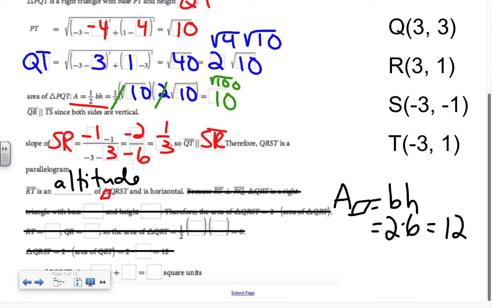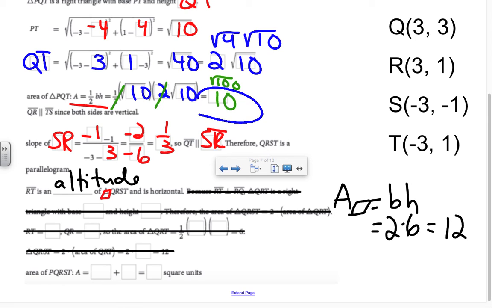And so that's 12. So the area of PQRST is equal to the area of the triangle, which we found here, plus the area of the parallelogram, which we found there. So it's 22.